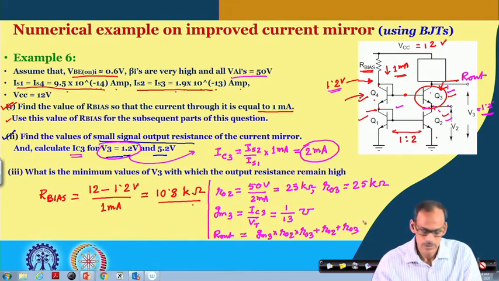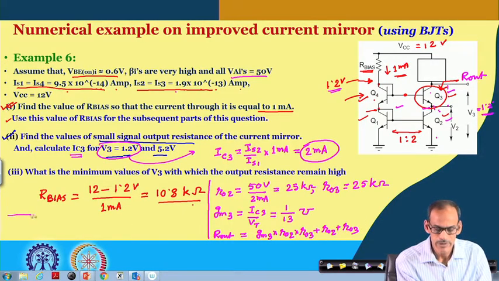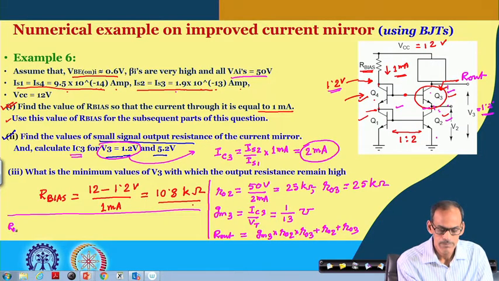In fact, what we can get here, okay, let me use this space here. So, gm3 is 1 by 13, and then we do have 25k into 25k.